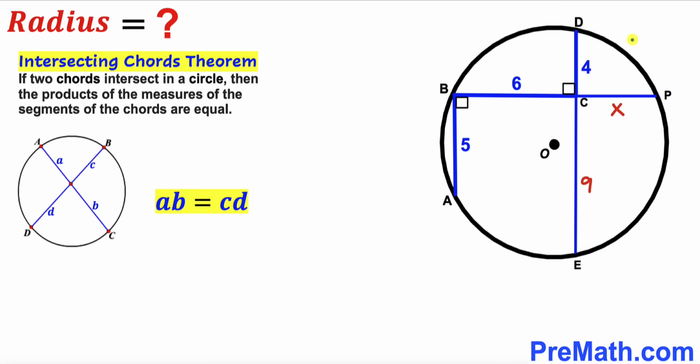And now we are going to revert our attention back to this given problem. And here we got these two chords BP and DE, and they intersect each other at this point C. And as a result, we are ended up with these segments, this segment 6 units, this segment X, this segment 4 units, and finally this segment 9 units.